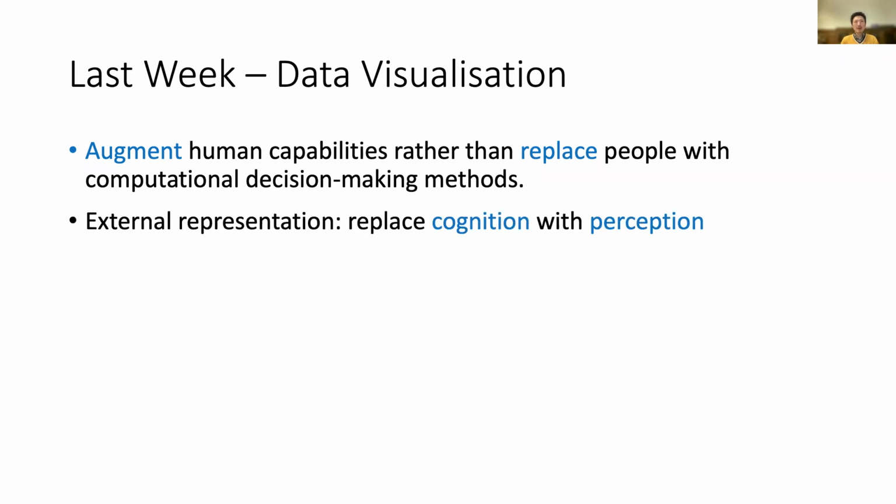The second unique thing about visualization is it replaces cognition with perception, in the sense that we show the data visually so you can see it, which is perception, rather than having to think about the problems in your mind, which is cognition.